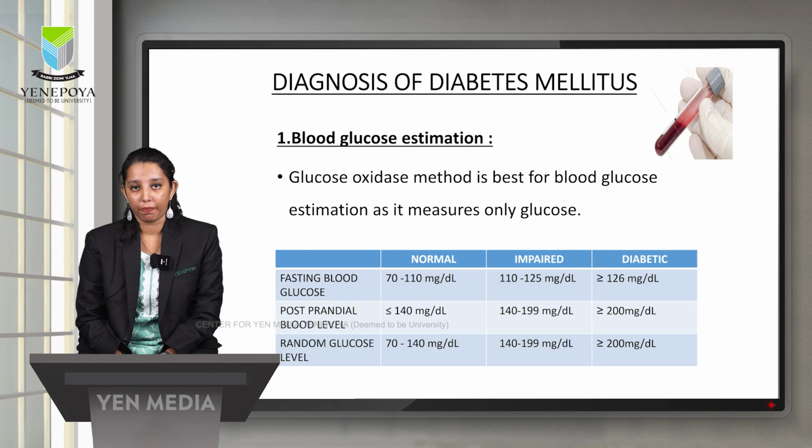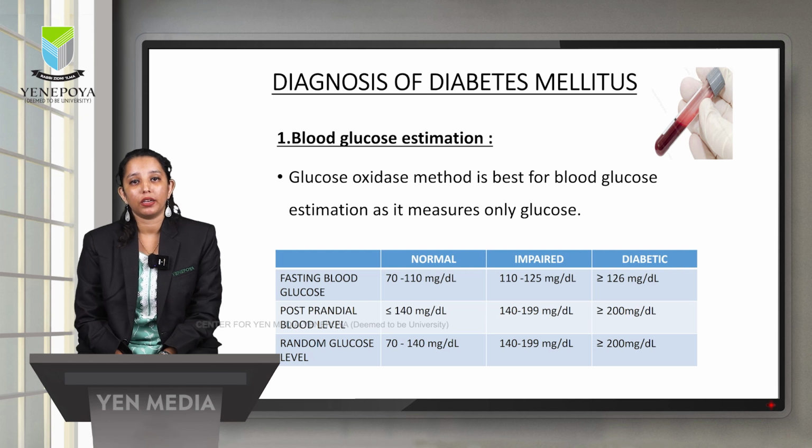Postprandial sample is the one where the blood is collected 2 hours after having food. The level should be within 140 mg per deciliter, which comes under the normal range. If it crosses 200 mg per deciliter, the person is said to be diabetic, and those between 140 and 199 mg per deciliter are said to be pre-diabetic.